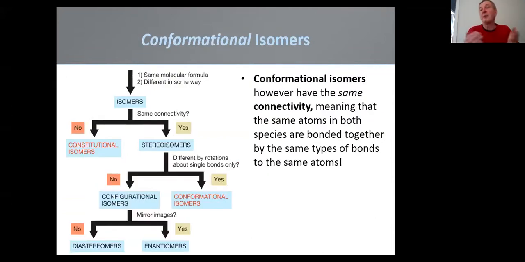a number of forms, and we saw a lot of constitutional isomers, meaning they've actually pulled the atoms apart and put them in different positions. We could have one pentanol or two pentanol, or we could have cyclobutene or cyclobutane or butene.